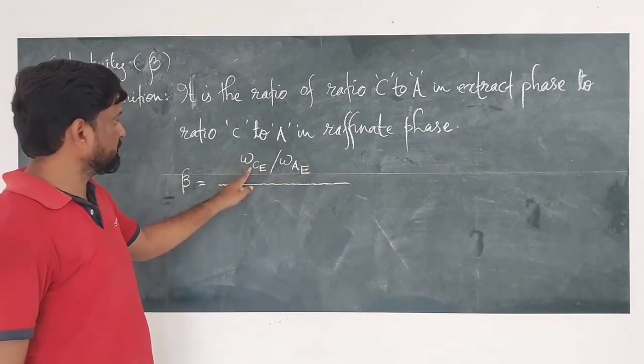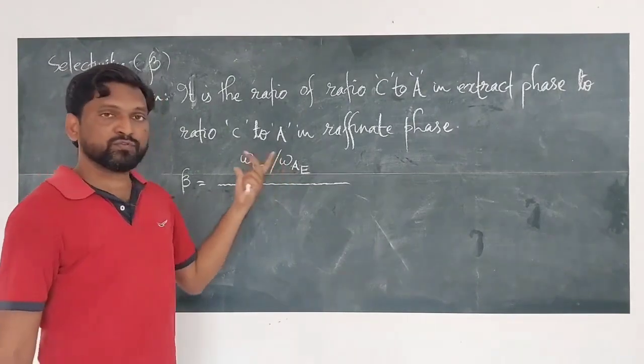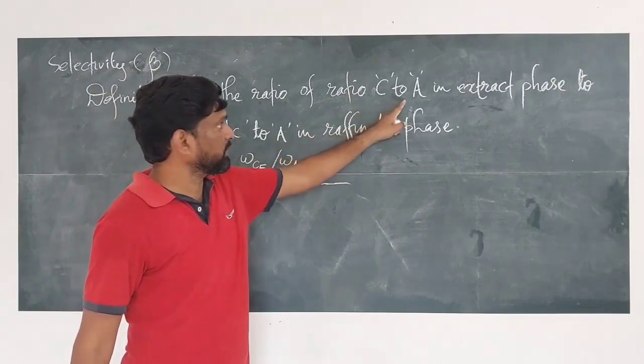So this is the ratio of C to A, the ratio of C to A in terms of their weight fractions. What does this mean? Ratio C to A.